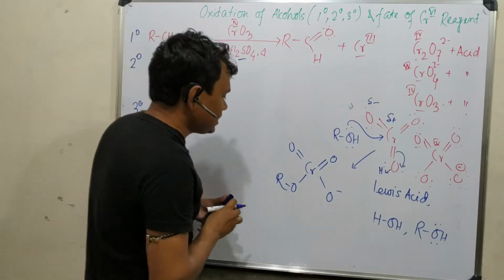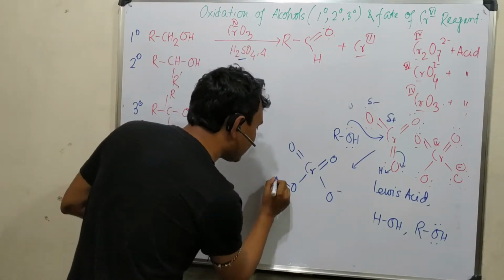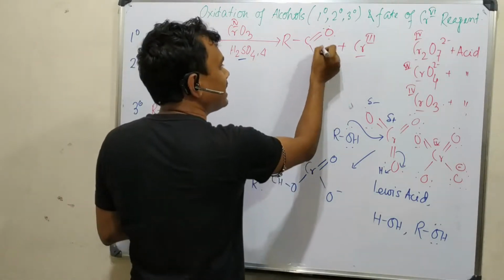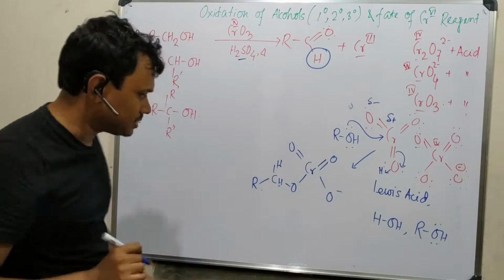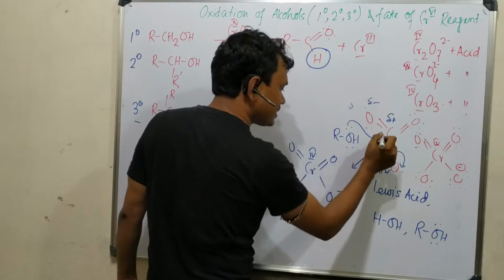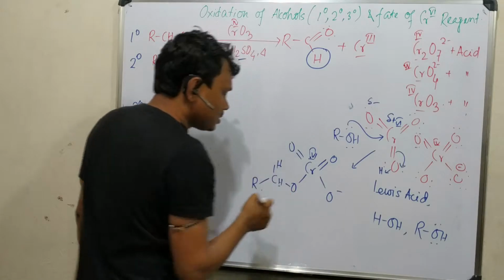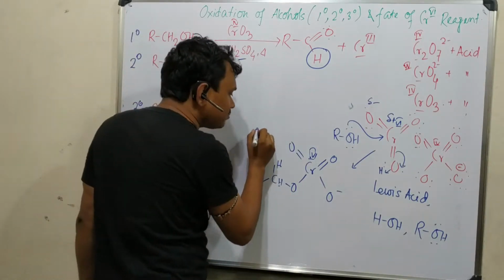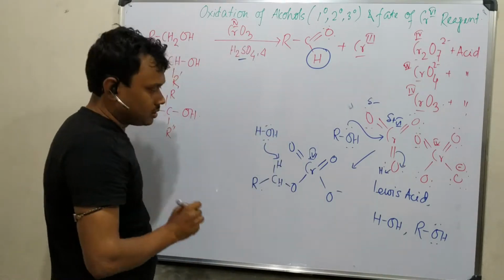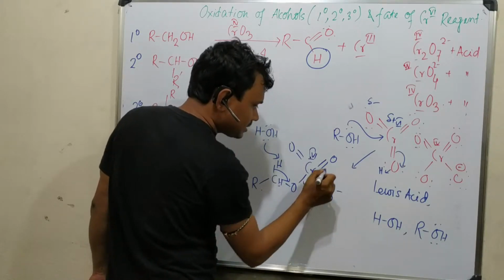Now let's discuss the primary alcohol. If it is a primary alcohol, then it should be RCH, and the ultimate product is an aldehyde, so one hydrogen is left. Till now, chromium is +6 here, and it is also +6 here. Then a water molecule in the reaction abstracts this proton, the lone pair comes here, and this goes here.